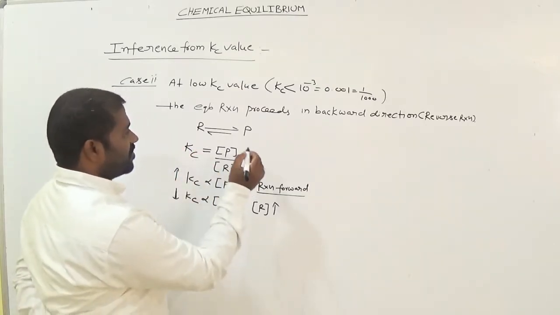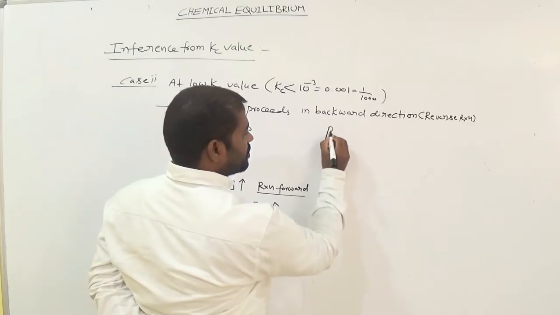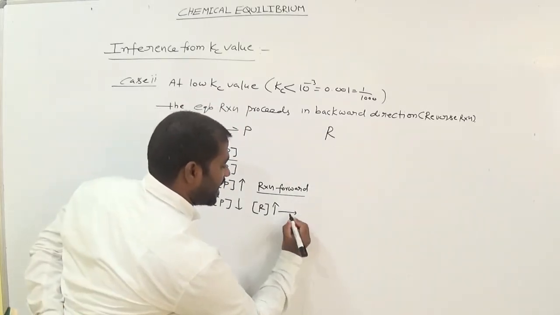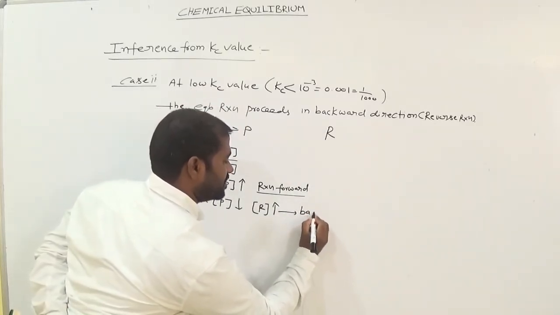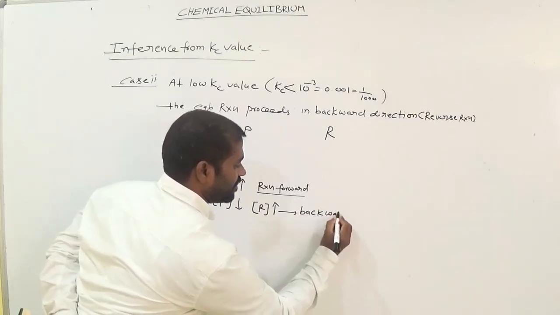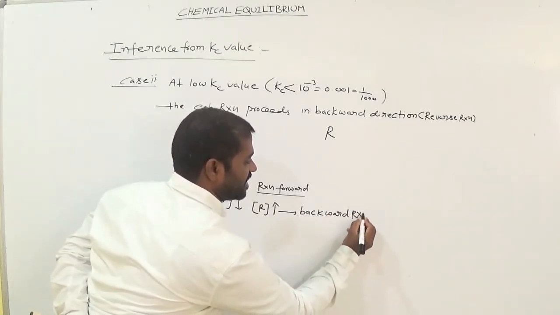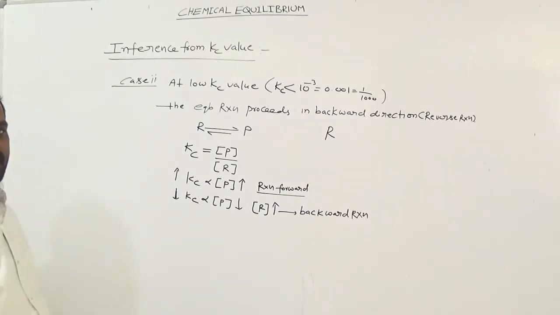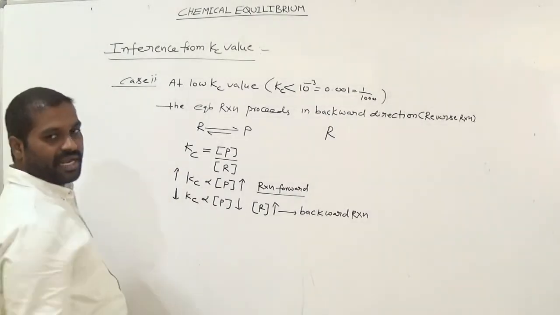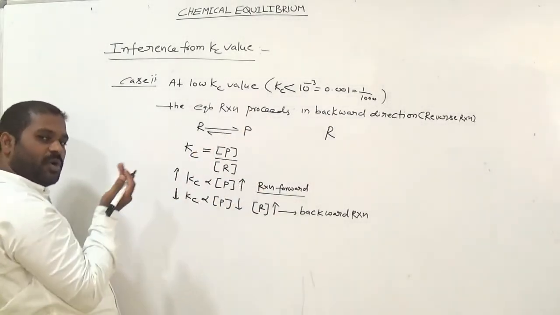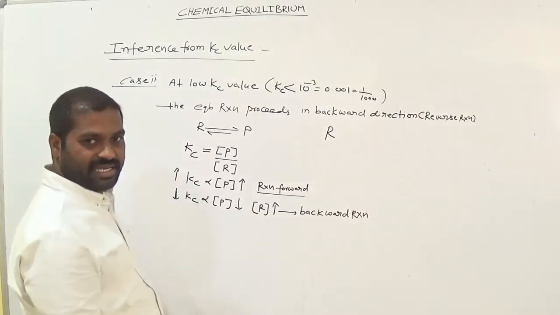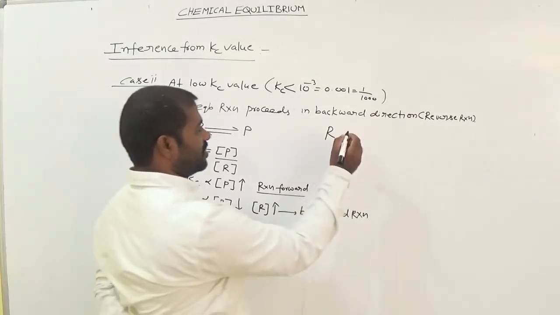So here what happened? In this case, the reaction is backward. Backward reaction takes place. Okay. So at low Kc value, what happened? The reaction favors to move in the backward direction clearly. Okay, understood now?